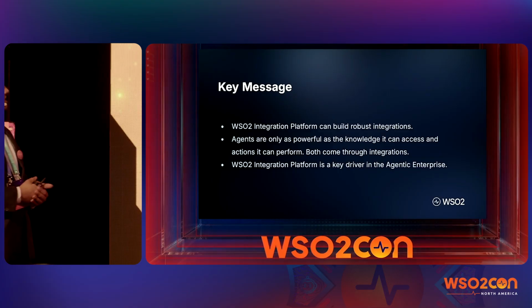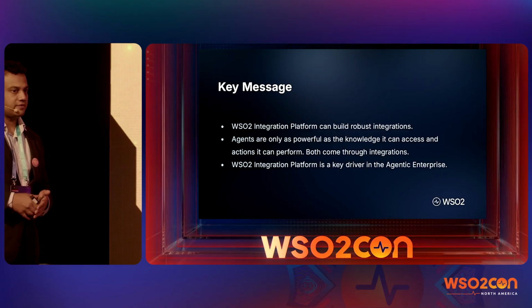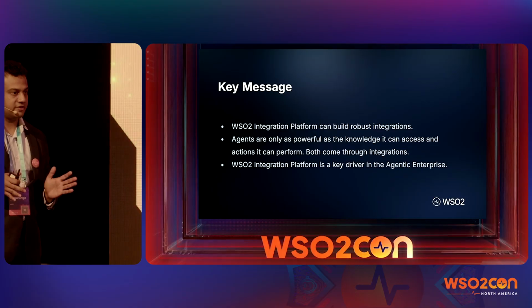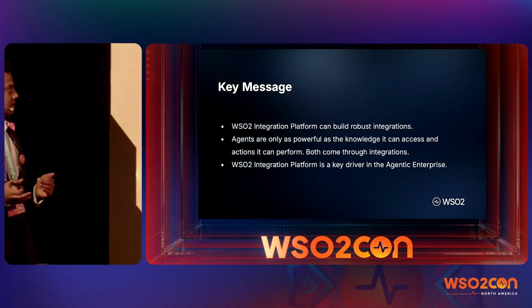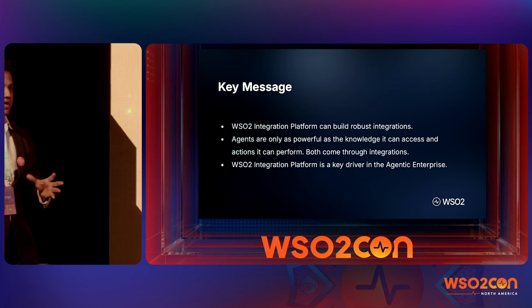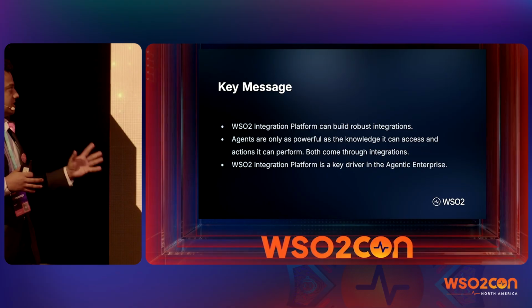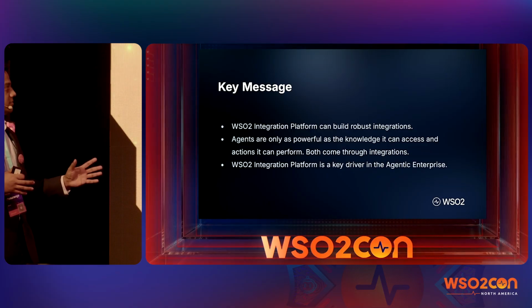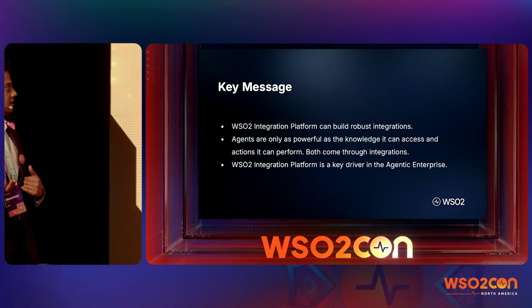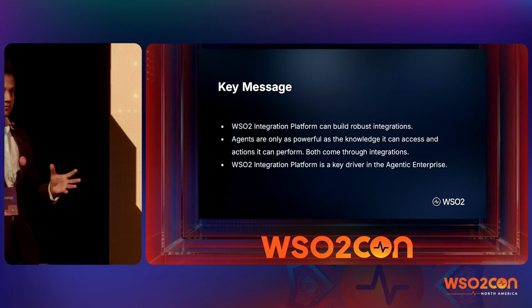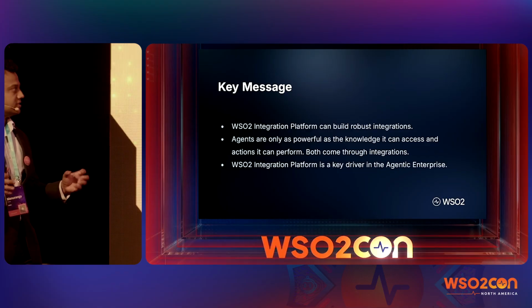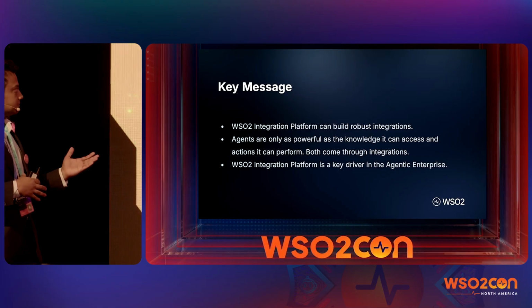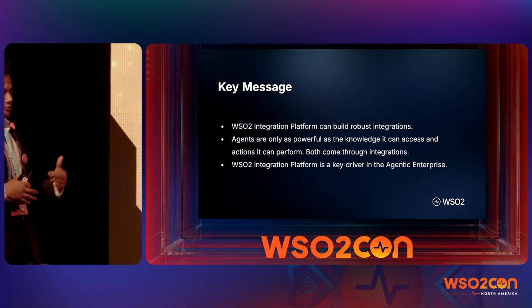So the key message is the WSO2 integration platform is for building robust integrations, not just AI integrations, all kinds of integrations. But we see agentic integrations get their power in two ways: through having knowledge bases and through having actions. Both of these are integrations that you can develop using the WSO2 integration platform.